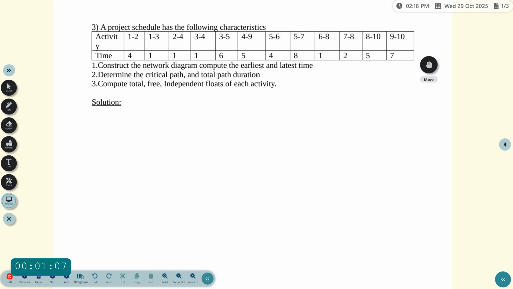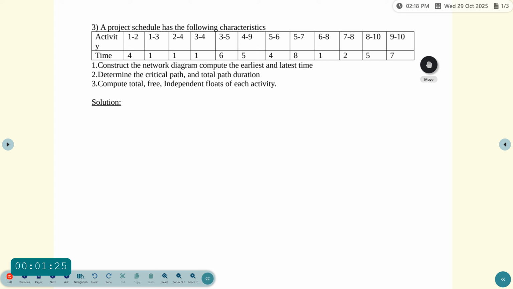First of all, you have to use the activities and durations to make a network diagram. So listen, the first activity is 1 to 2. 1 to 2 means the first one is an event, and it ends at another event which is 2.